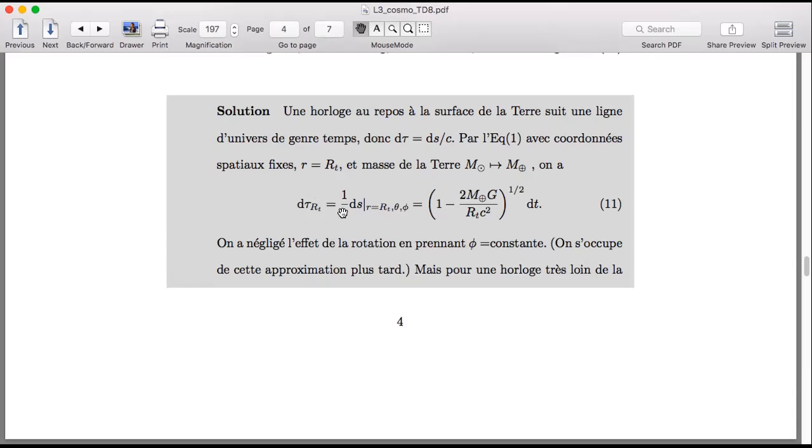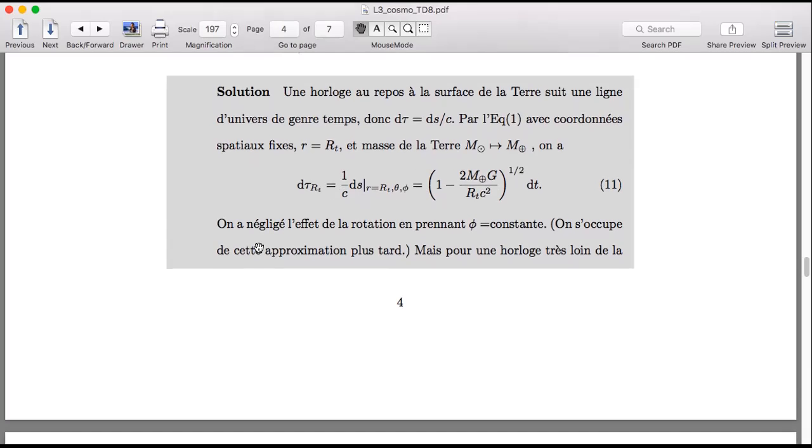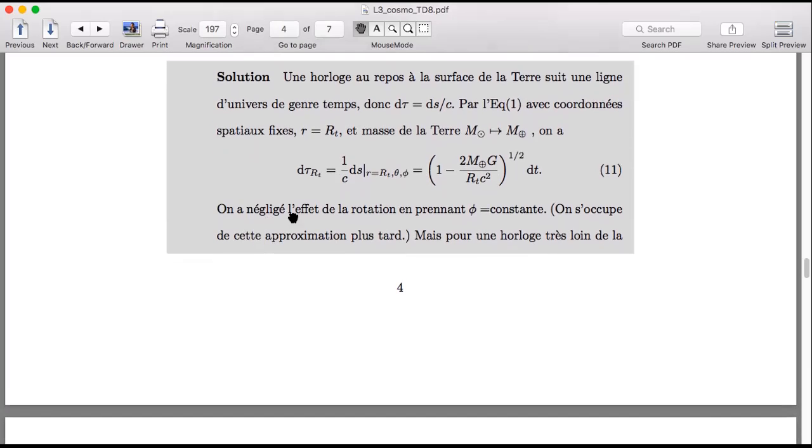But this gravitational effect of the Earth is not quite negligible. It's 10 times smaller than the sun's gravity, but it's small. So we're going to neglect the rotation of the Earth, both for its effect on the gravitational field and the motion of the clock. And we'll justify this later.